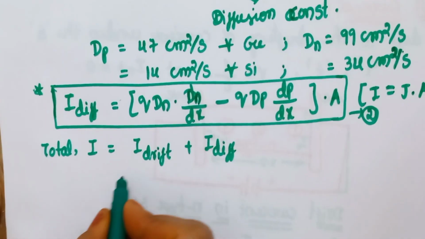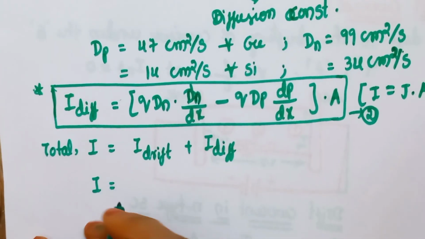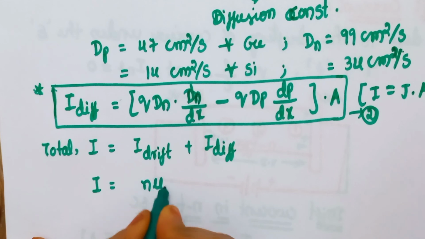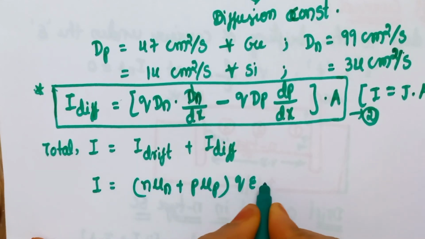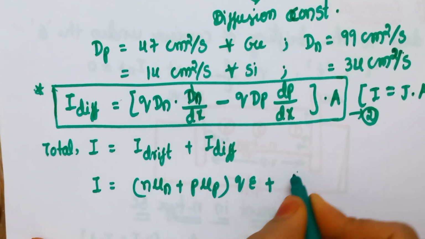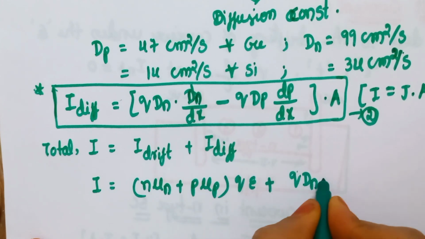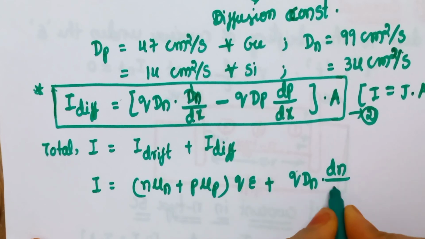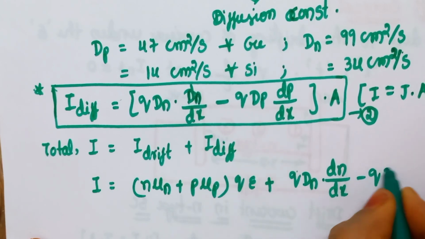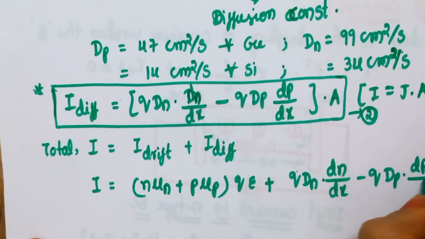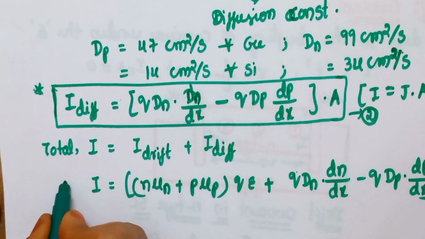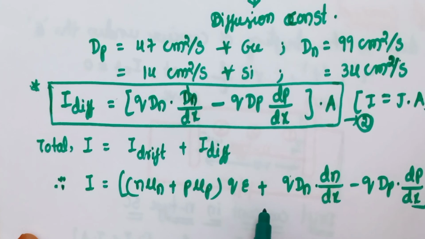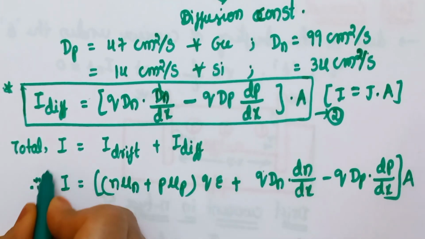Hence, from equations 1 and 2, we get the total current as I equals (n mu_n plus p mu_p) into q epsilon plus q D_n into dn by dx minus q D_p into dp by dx, all multiplied by A. This is the expression for total current in a semiconductor, and it is very important to remember.